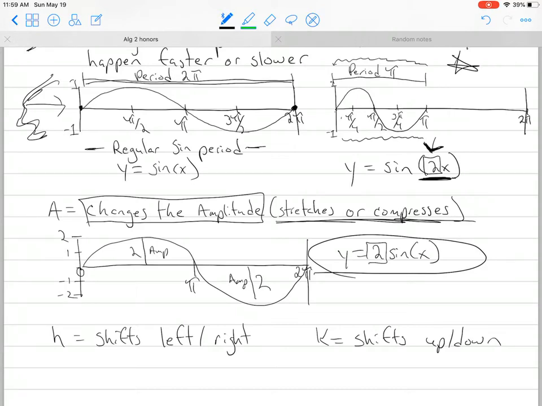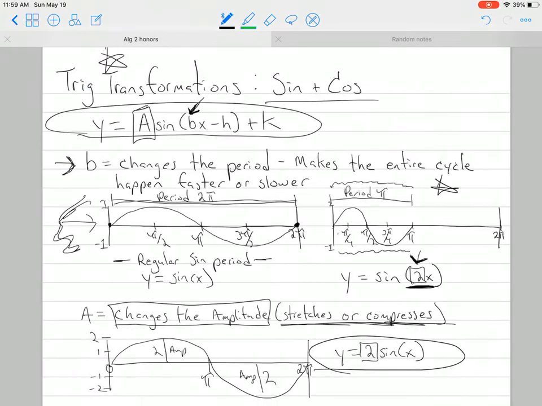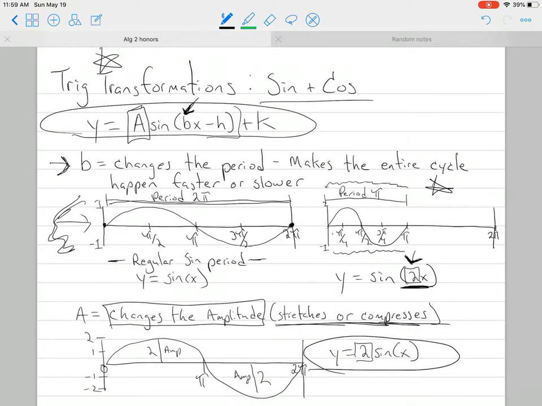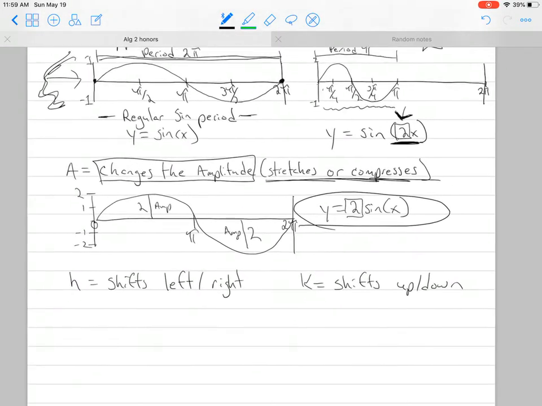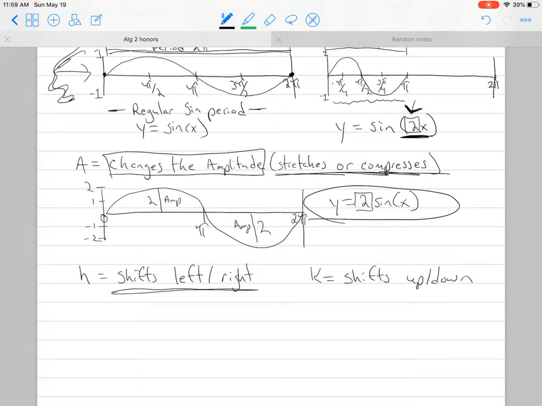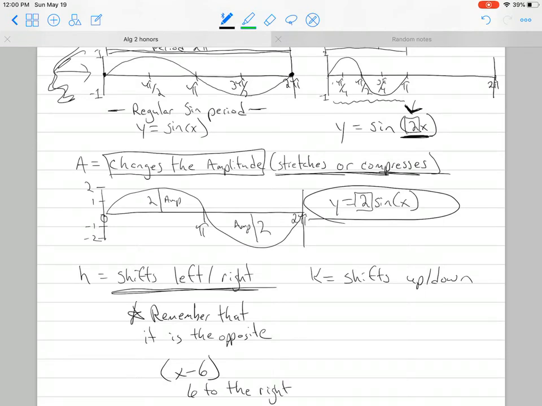All right. Finally, these are the most similar to what we had before, so I'm not going to talk too much about them. H and K. H is the thing that shifts left and right. Remember that it is the opposite for H. So if I have x minus 6, minus 6 would be to the left, but since it's the opposite, it shifts 6 to the right.